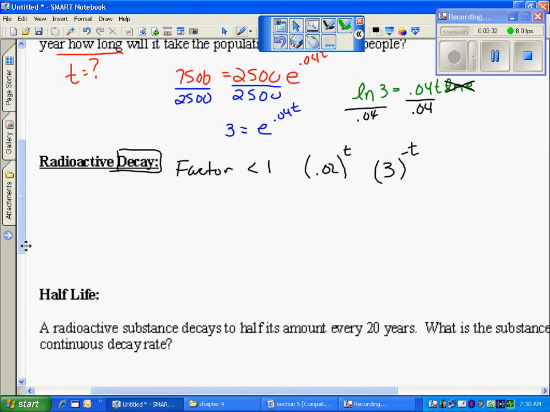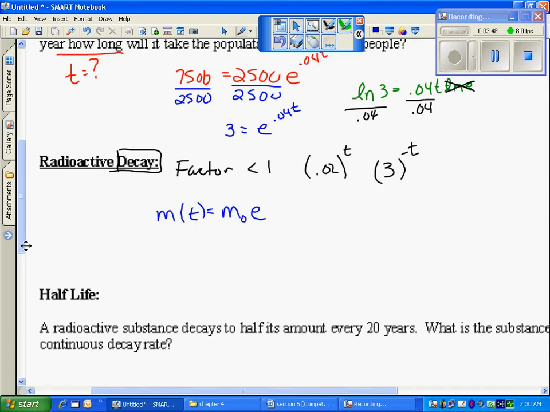Like population, it's going to have a similar formula. We'll just use M in this case. M sub naught, my initial, times e. e is 2.71828. And it's continuous, so it must have e.